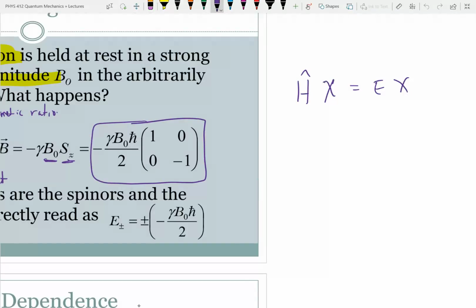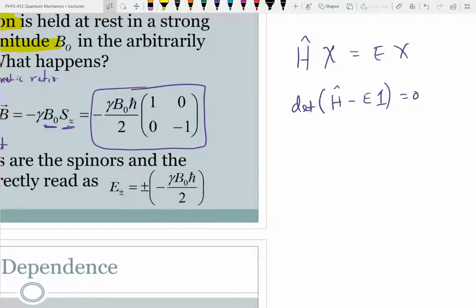So we do the determinant of H minus E times I equals 0. Excellent. So I'm just gamma B0 H bar over 2.